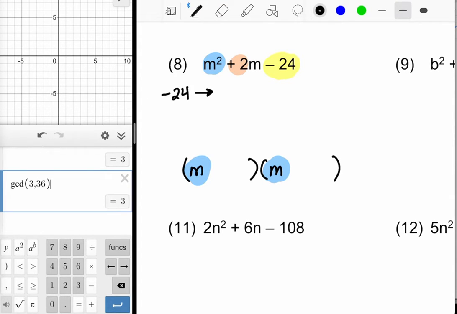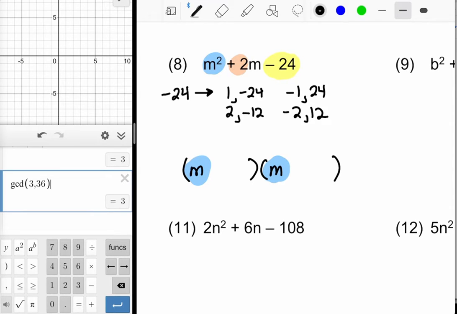So you start off with whatever comes to mind first, but I like to be procedural with it, so I start with the lowest possible value, which would be a 1 or a negative 1. So I'll say 1, negative 24, but then it could also be negative 1, positive 24. You could have a 2 and a 12, 2 and negative 12, negative 2, positive 12.